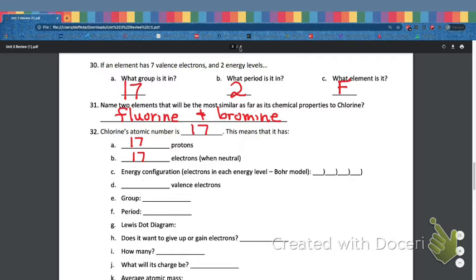Remember, the maximum numbers that we can have are 2, 8, 18, 32, okay? So this has 17 electrons, so there's going to be 2 on my first energy level, 8 on my second, and 7 on the third. None on the fourth.